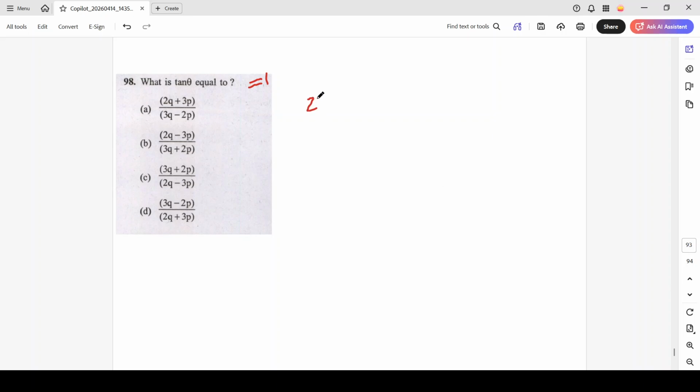2 into 5 by root 2 plus 3 by root 2, P is 1 by root 2. Similarly, 3 into 5 by root 2 minus 2 into 1 by root 2.